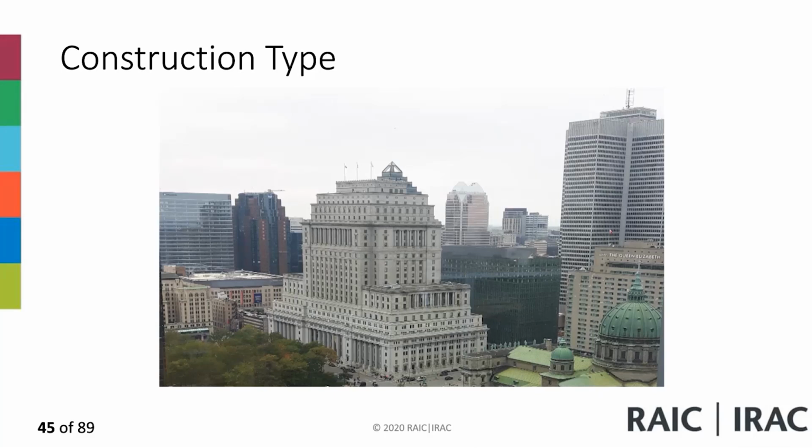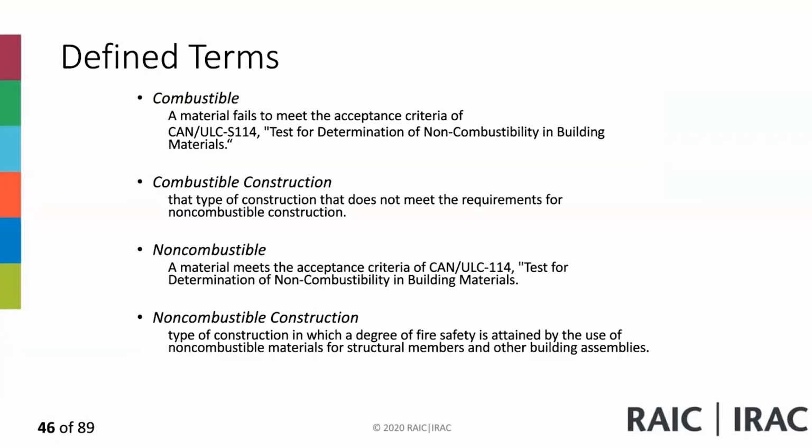What is considered non-combustible material? Concrete, steel. These are types of concrete block, masonry. These are the typical type of non-combustible materials. Combustible is typically the wood frame construction. That type of construction goes in that category.